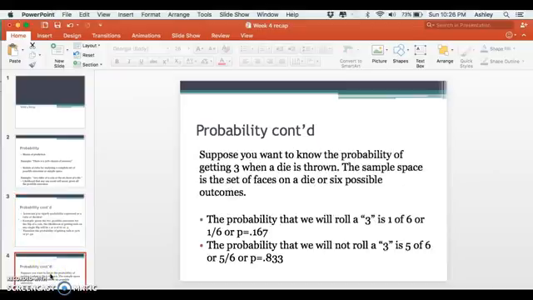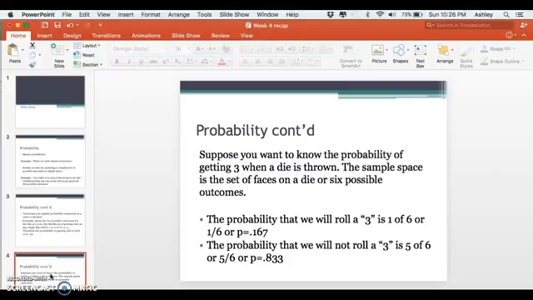Now, let's suppose that you want to know the probability of getting a 3 when a die is thrown. The sample space is the set of faces on a die, or 6 possible outcomes. So therefore, the probability that you will roll a 3 is 1 out of 6, or 1 divided by 6, or p equals 1.67.